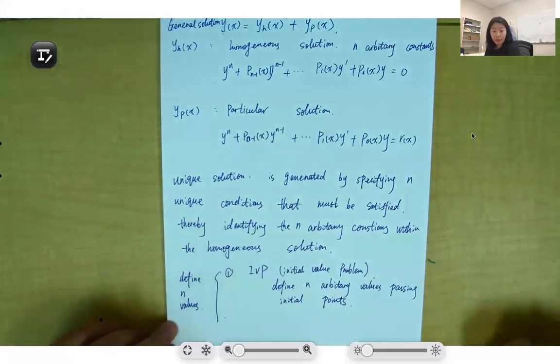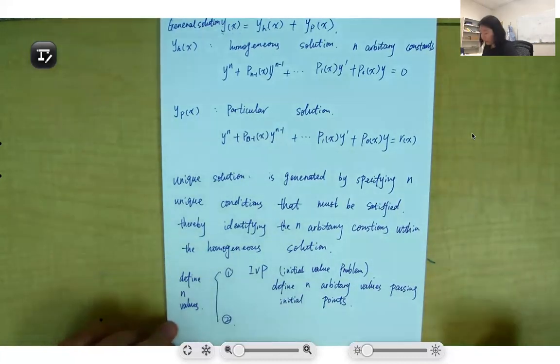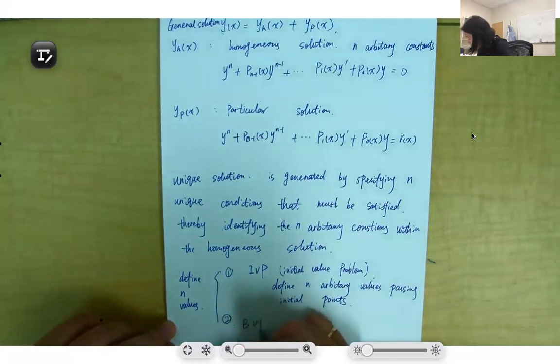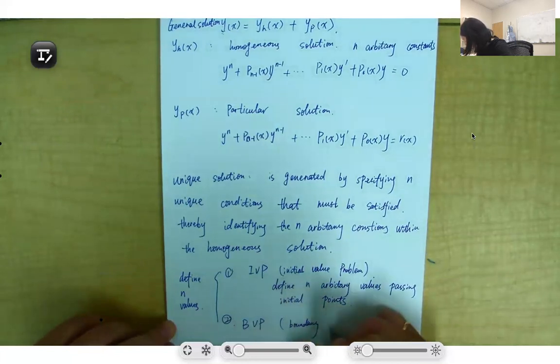There is another way to define these n arbitrary values using n conditions. It's called BVP, a boundary value problem.